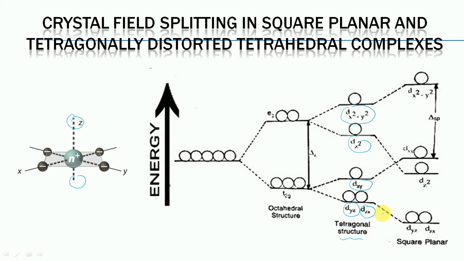Now, as four ligands are there in case of square planar complexes, the new energy differences among the d orbitals of the metal ion come into play.